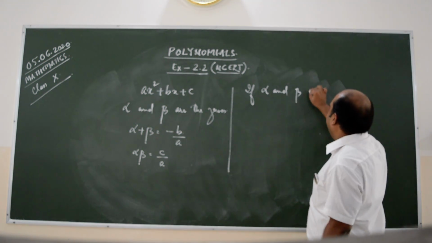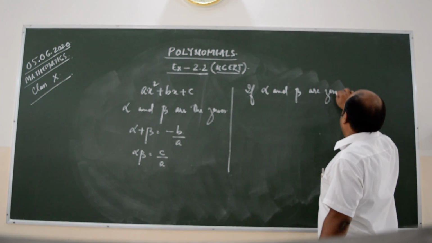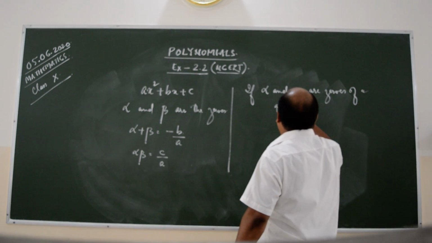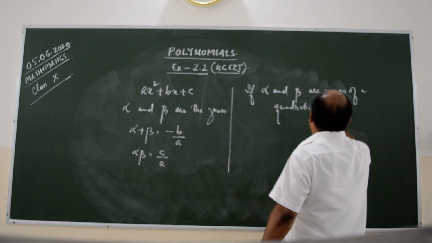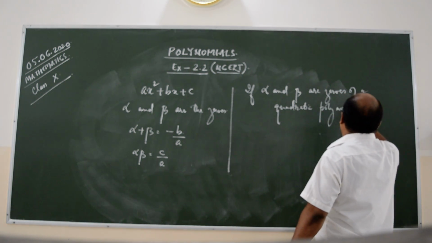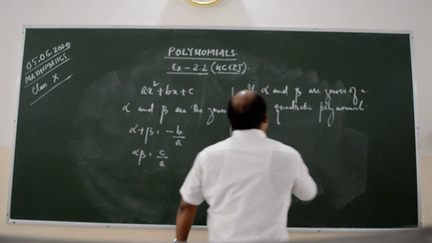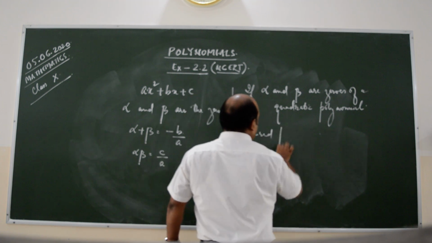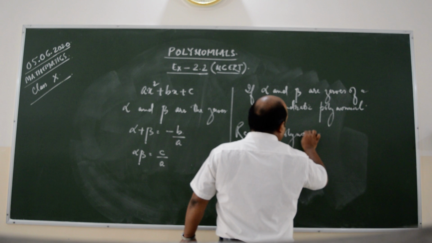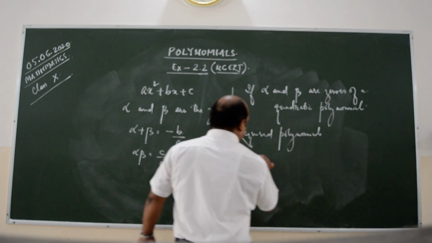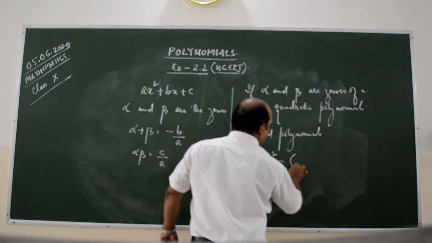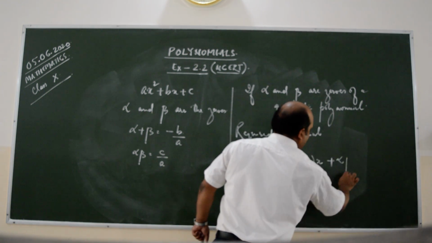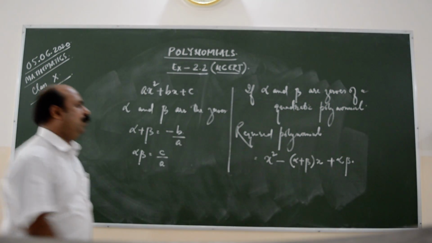So if alpha and beta are zeros of a quadratic polynomial, then we can say that the required polynomial will be equal to x square minus sum of the zeros into x plus product of the zeros.